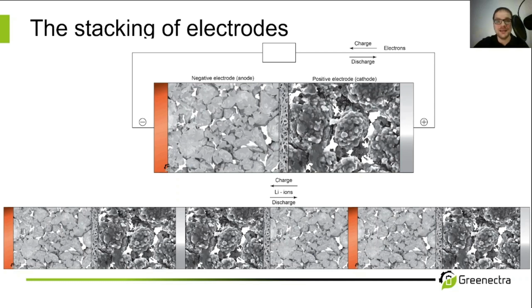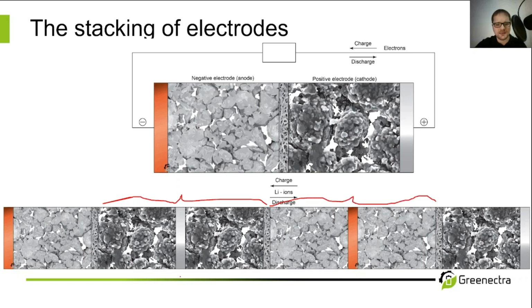When stacking up electrodes, we use metal foils, copper foil and aluminum foil, coated with active material, but not on one side only, but on both sides. Let's have a look in the drawing. We can see one here and one here.